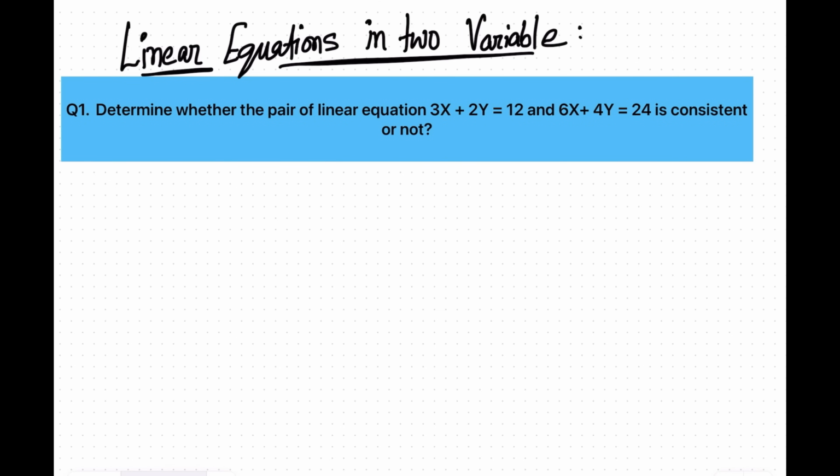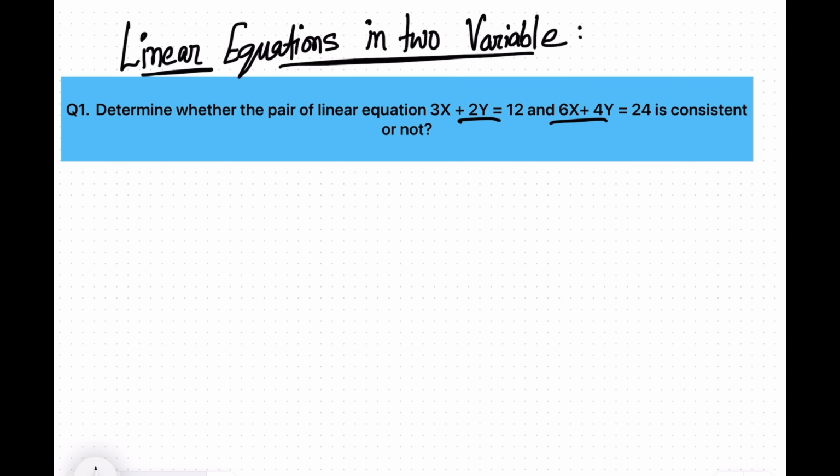This is our third chapter, linear equation in two variable. In that, the first question is determine whether the pair of linear equation this and this is consistent or not. So there are three conditions basically to understand the consistent and inconsistent things, right?